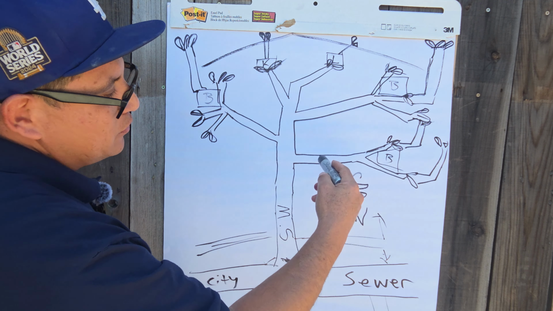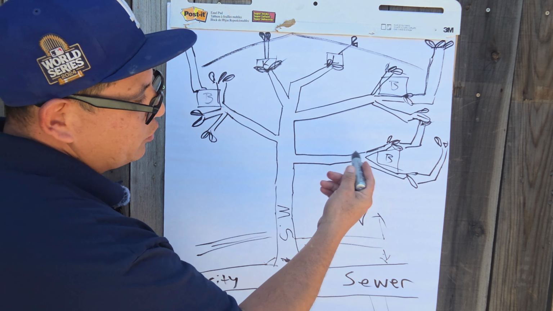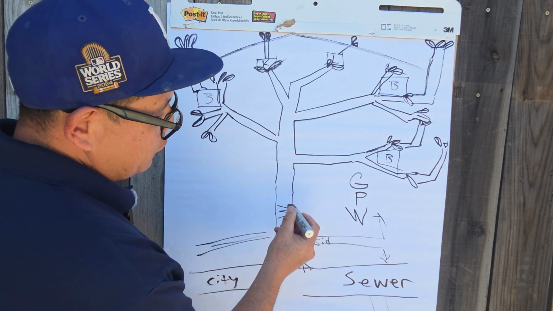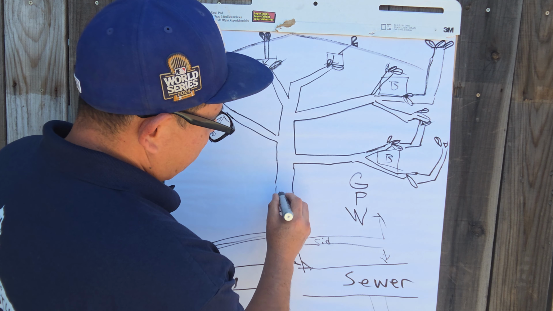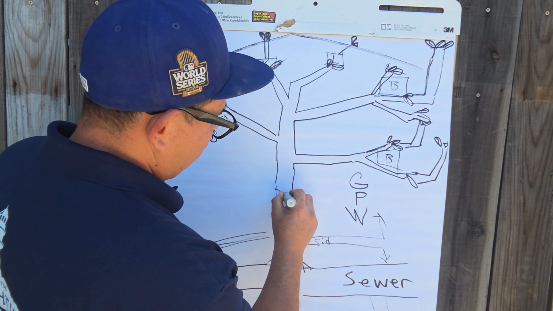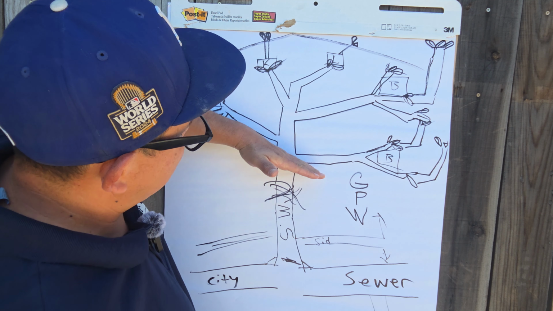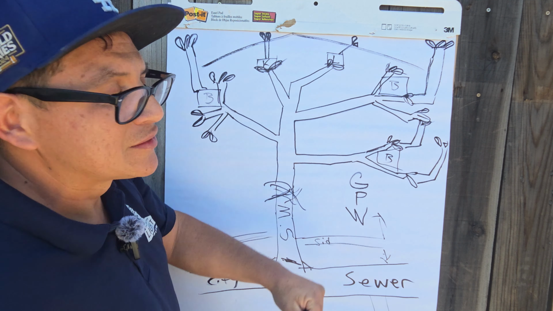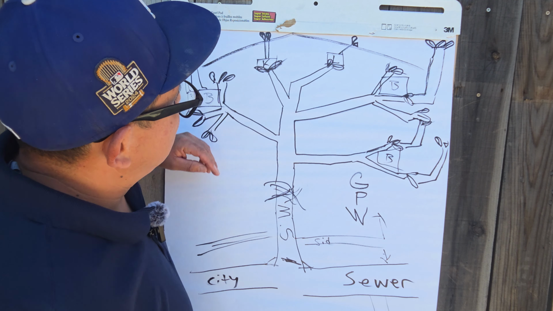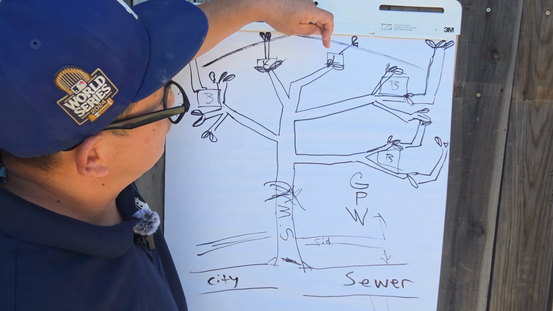Now let me just give a quick scenario. Let's say your main sewer is clogged right here, and you have roots right here. Anything after this is going to back up. Now, let's say your kitchen is clogged.